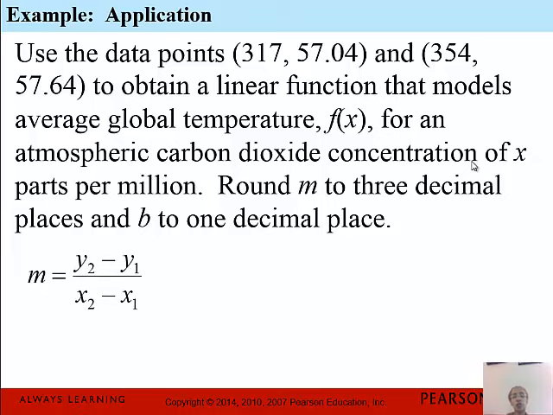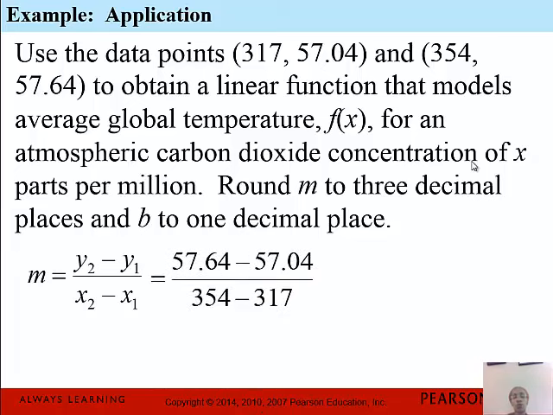So our slope formula, as we recall, tells us to calculate rise over run. So we find the difference or the change in y, and then we find the change in x. 57.64 was the y value that came first in the calculation of rise.